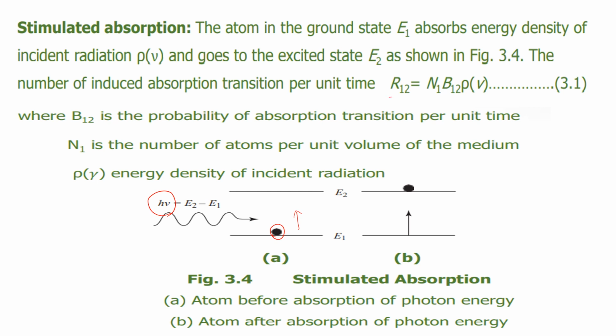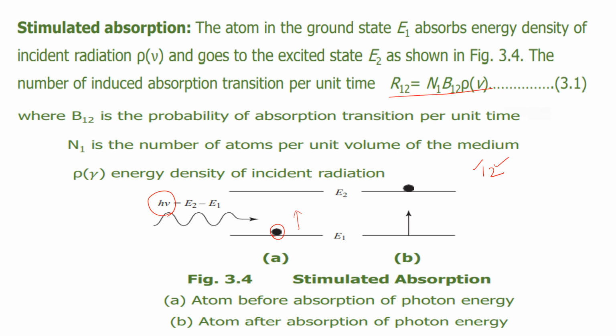This is expressed by R12, the rate of absorption. Here 1 to 2 denotes the absorption of an atom from the first energy level to the second energy level. The rate denotes per unit time, or in 1 second. So the rate of absorption is equal to N1 B12 rho nu.